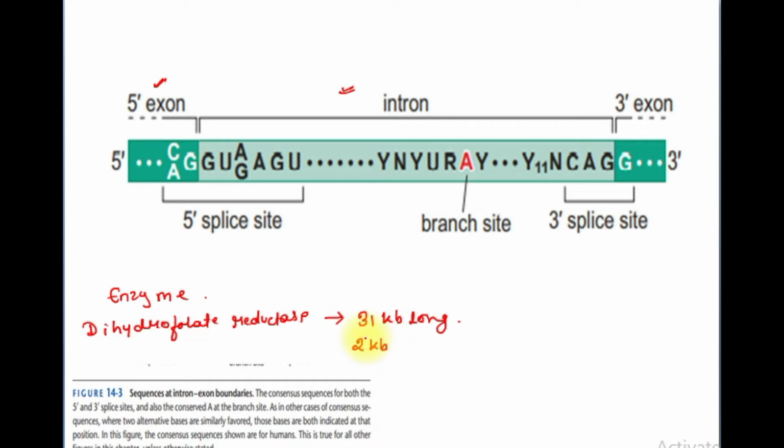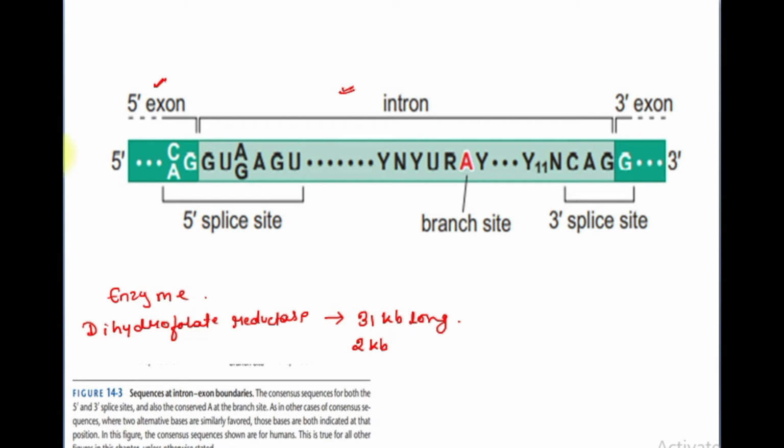That means we have a 31 kb long gene, but in it there is only 2 kb of the expressing part, that is the exon. So you can now see how the introns are taking up the space. We have to remove the introns and keep only the exons, so that only the coding part remains.